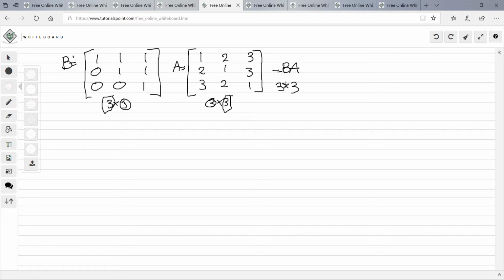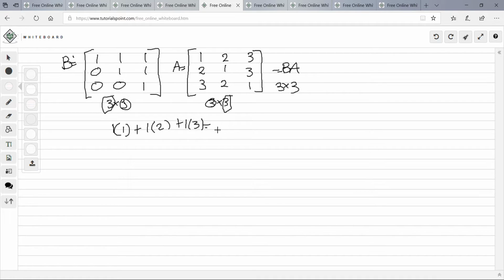Okay. Now, just like before, we've got to multiply this row by this column, this row by this column, this row by this column, right? So it's going to be 1 times 1 plus 1 times 2 plus 1 times 3.